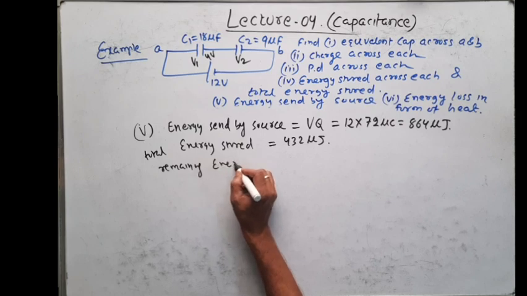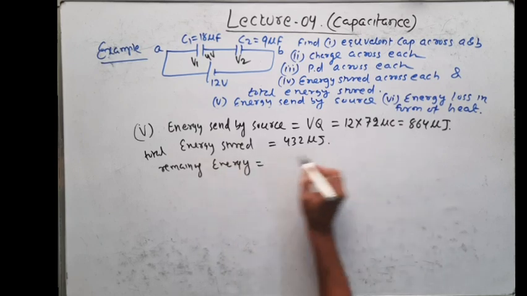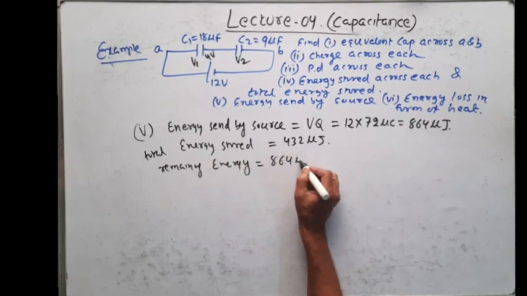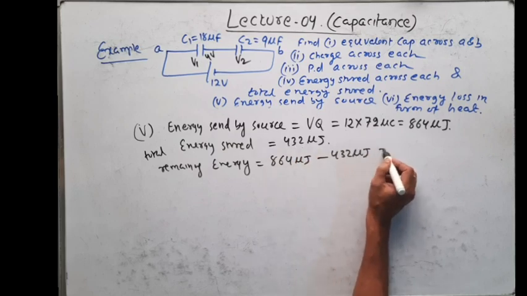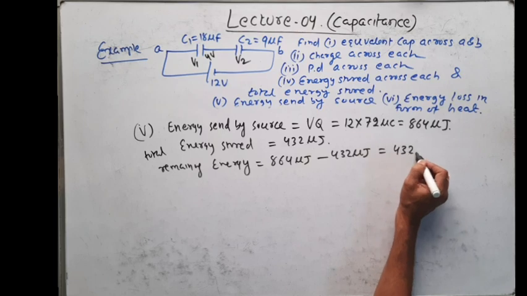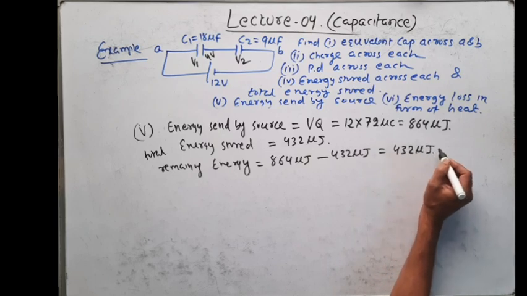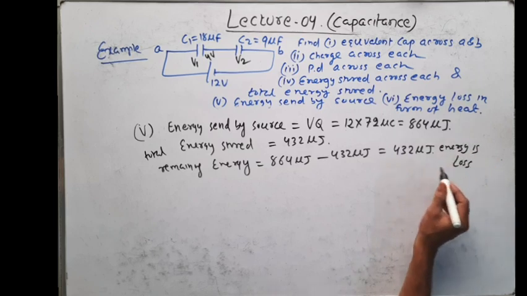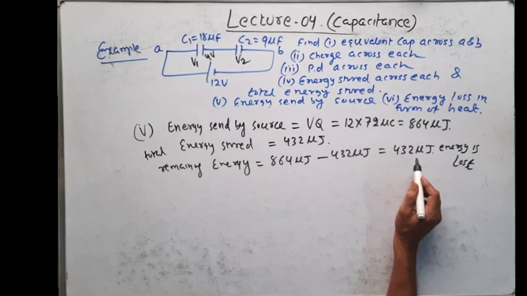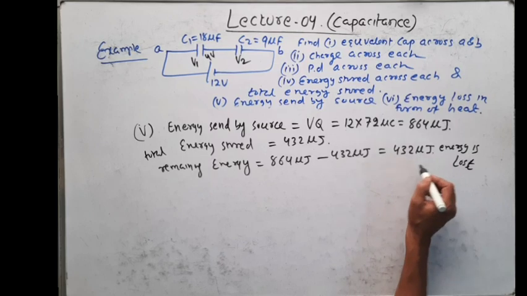Total energy sent is 864 microjoule, energy stored is 432 microjoule, so the remaining 432 microjoule energy is lost. How is this energy lost?